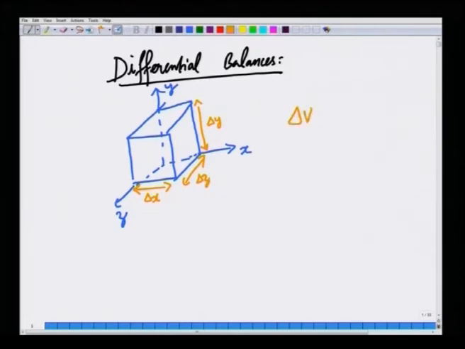So, the volume of this infinitesimal control volume is delta x delta y times delta z.